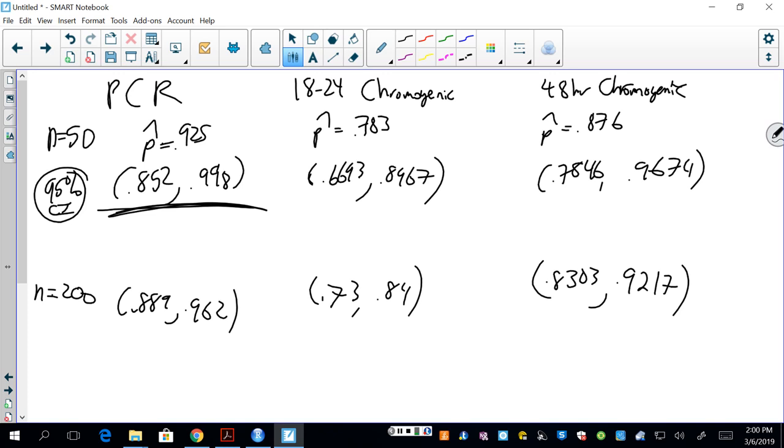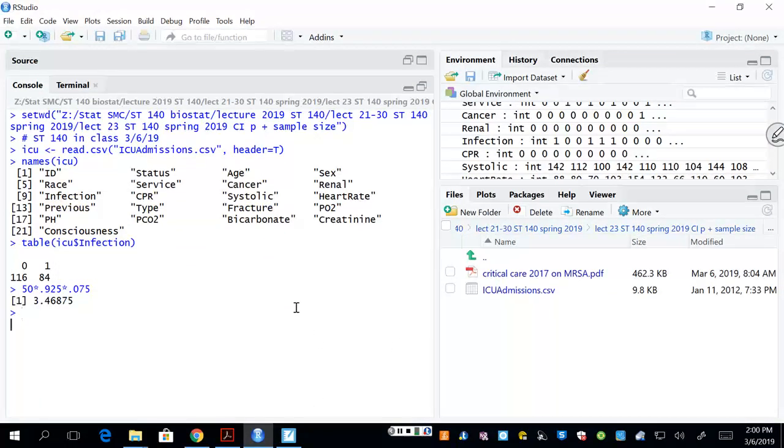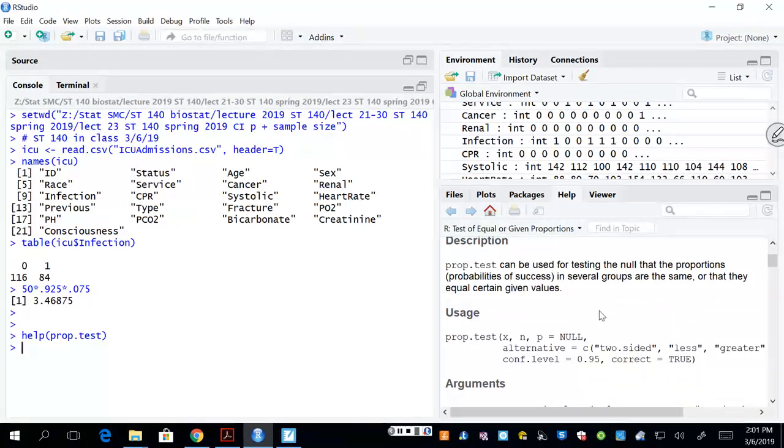Doing these things in R, the methods that we have are encoded within R. So we're going to back up to what's up top. There's a command called prop.test, a test of proportions. One byproduct of this test of proportions is a confidence interval.